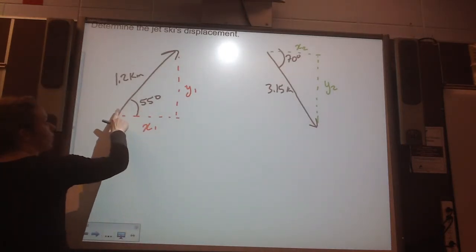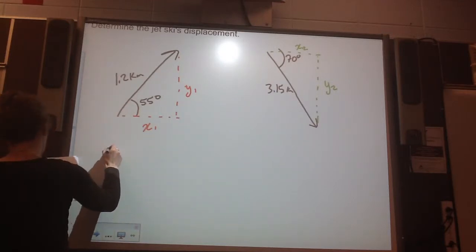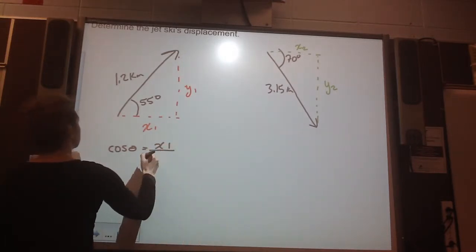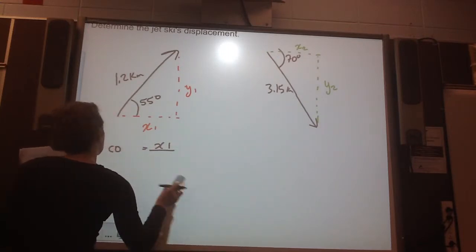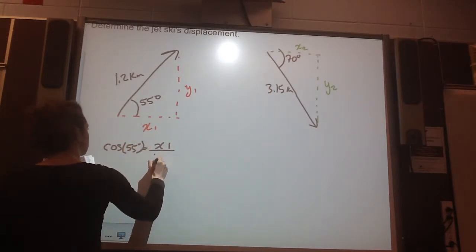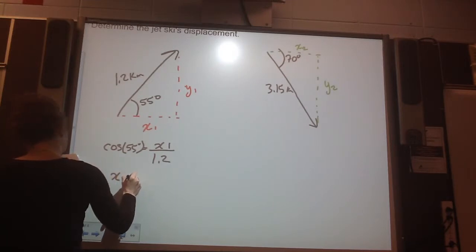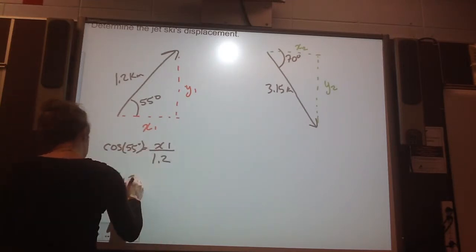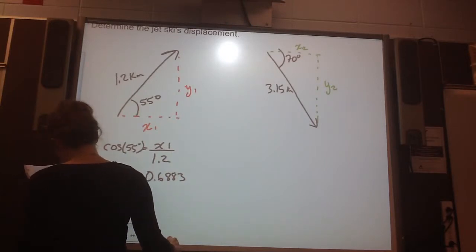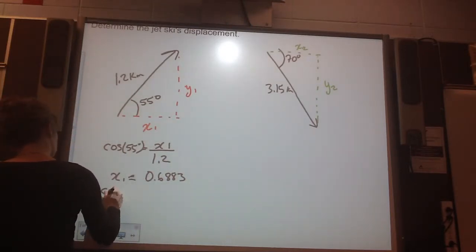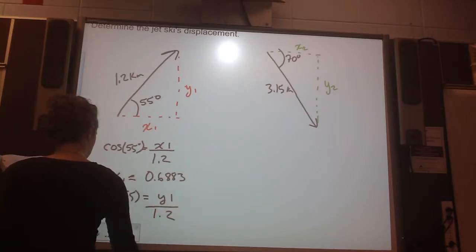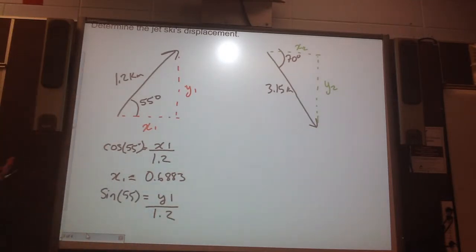So to find our x, I'm going to use cos because it's adjacent over hypotenuse. And then you use your sine function to find your y vector.